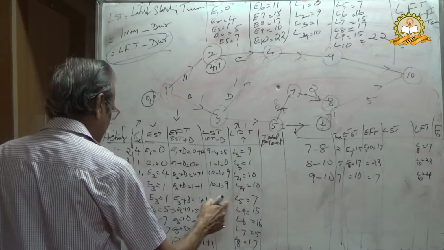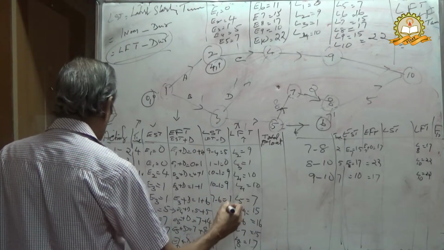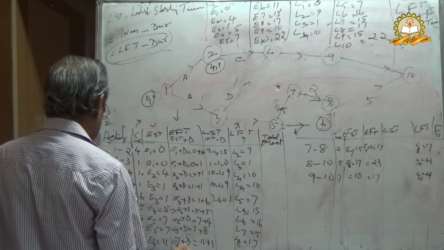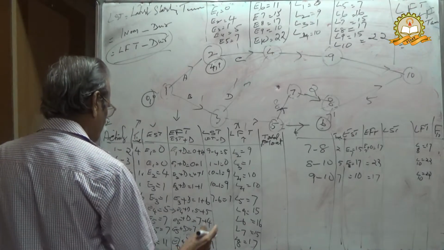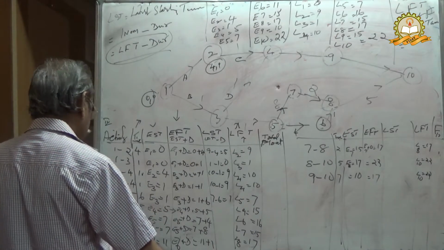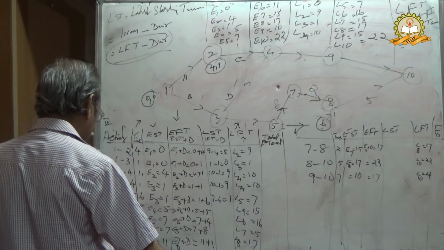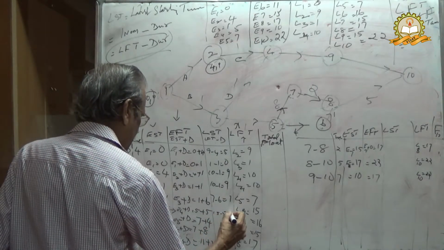Then 7 minus 6. Then the next one, 15 minus 5, 10.